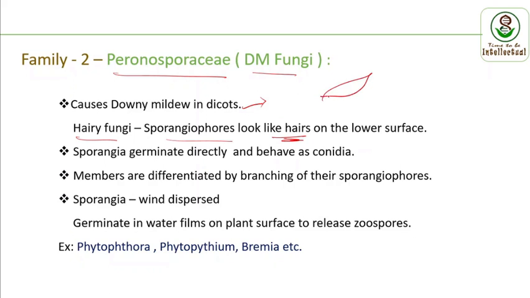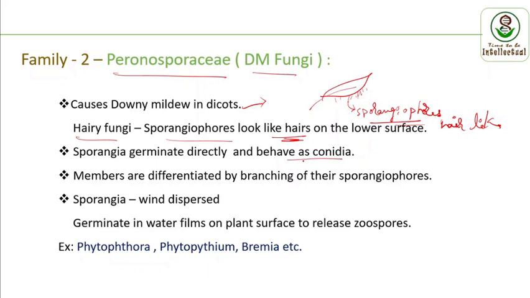See, consider this as a leaf. Under this we see a downy growth, that is, these are the sporangiophores, which are hair-like. The sporangia germinate directly and behave as conidia.